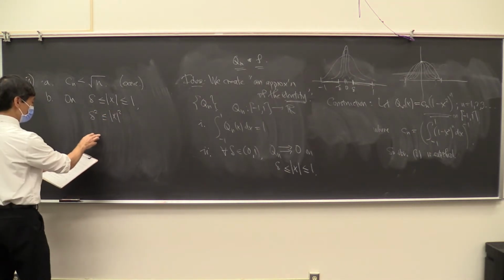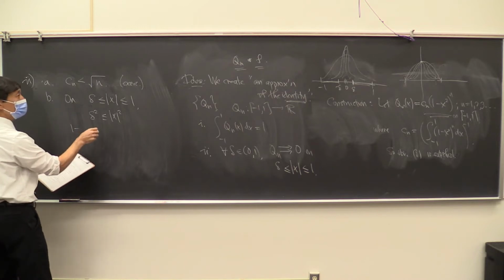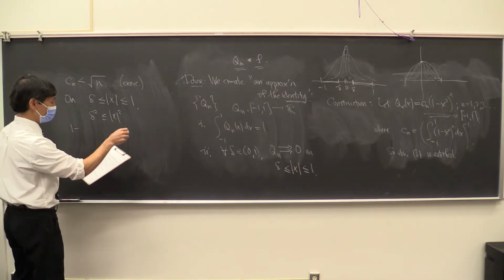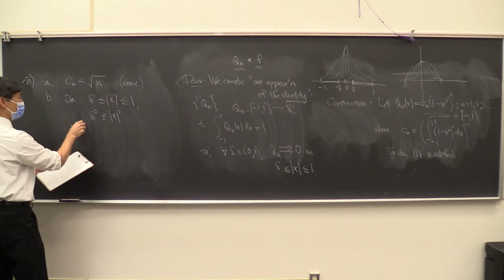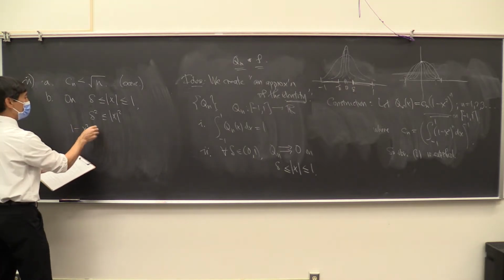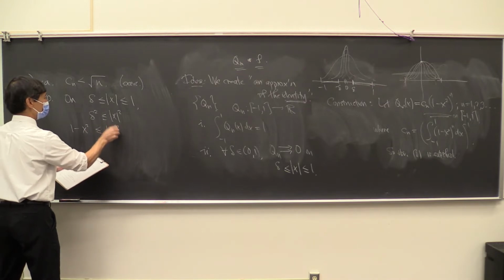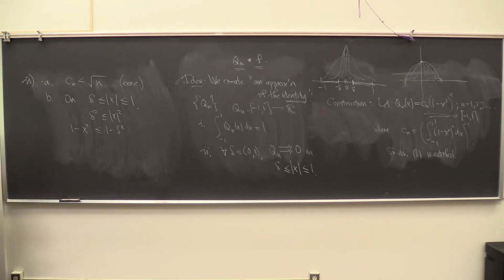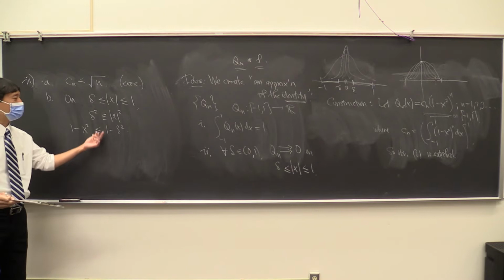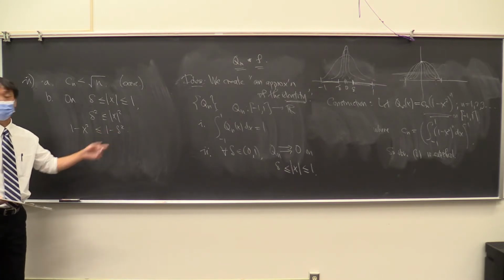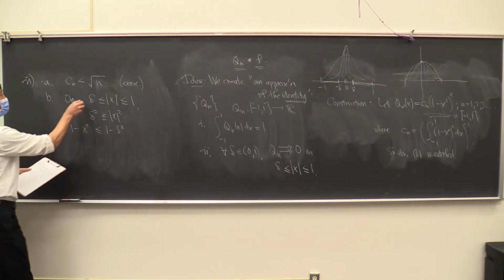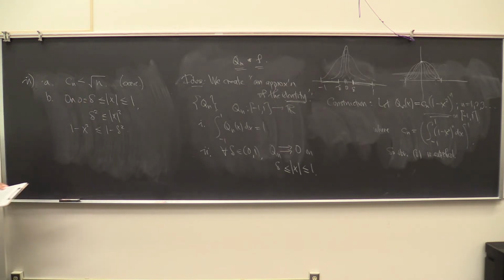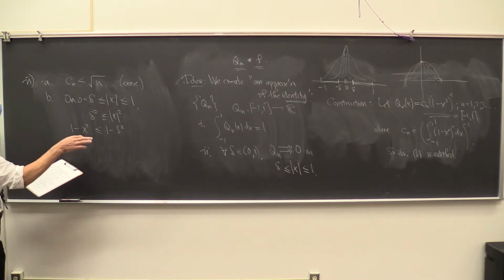So 1 minus absolute value of x squared is less than 1 minus delta squared. 1 minus the bigger thing is smaller than 1 minus the smaller thing, since delta is bigger than 0. So what does that tell us?